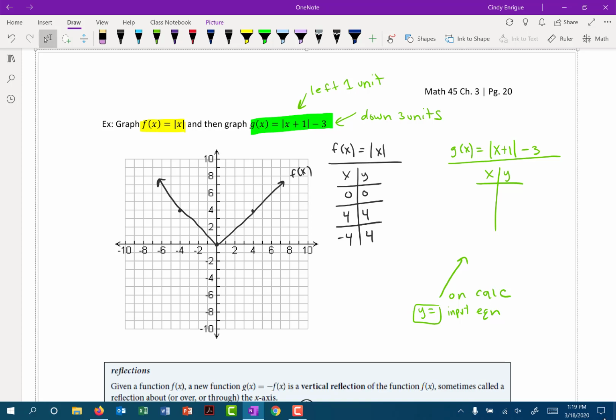So I'm going to have my absolute value. So I'm going to go to my math. And I'm going to have to go to my NUM. That's where my absolute value is. Now I'm going to enter in my x plus 1. And I'm going to have a subtract 3.